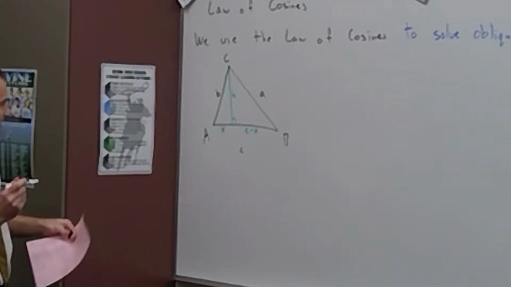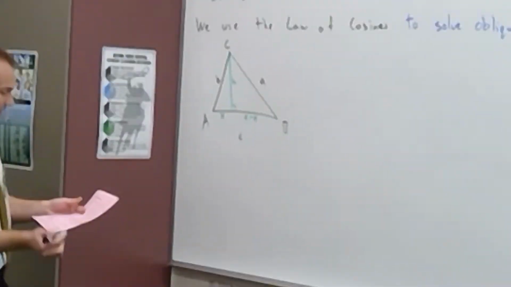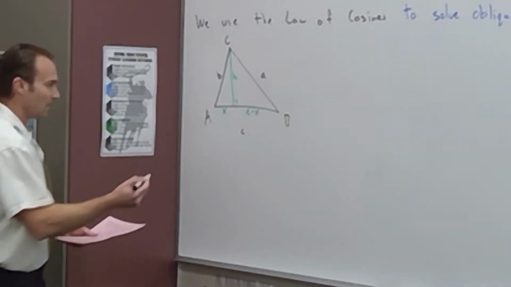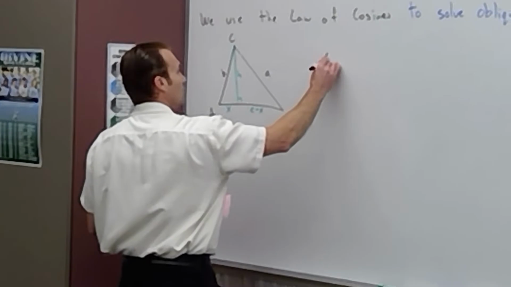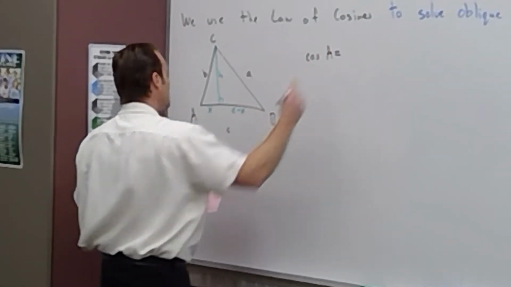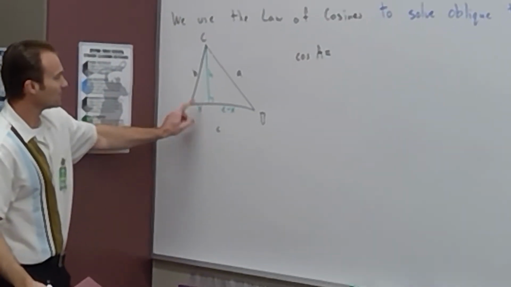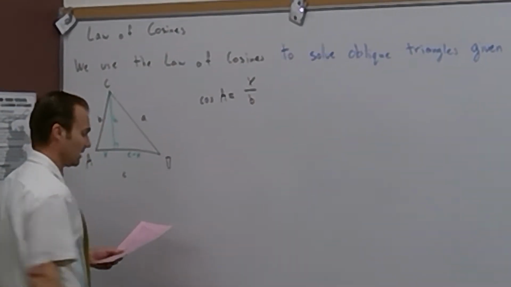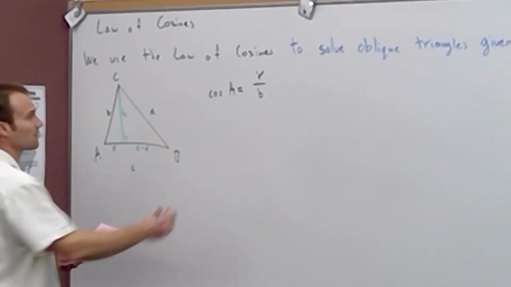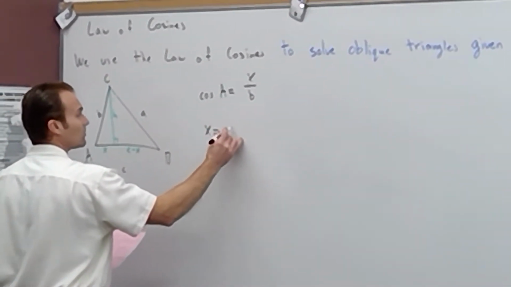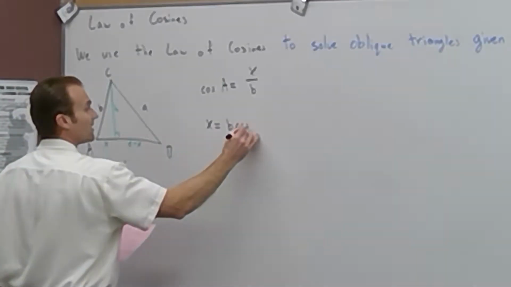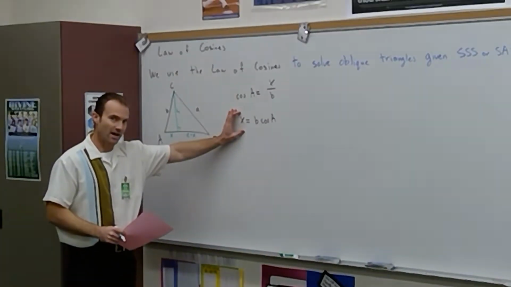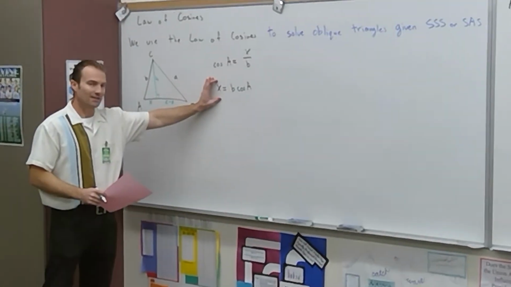So step one, let's say I'm interested in angle A. Looking at just this triangle on the left, I could say that cosine of angle A will equal the adjacent over the hypotenuse. Solve that for x, and I could say that x is equal to b times cosine of A. I'm going to just leave that there for now, and we're going to come back and grab it again later when we need it.